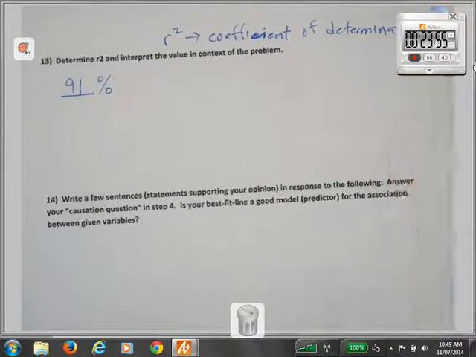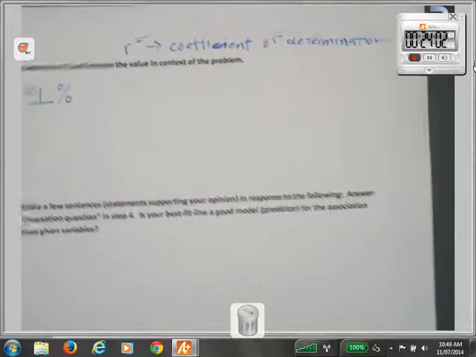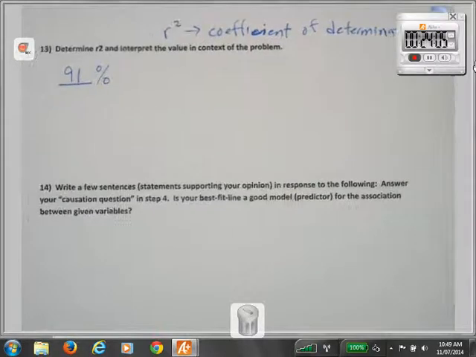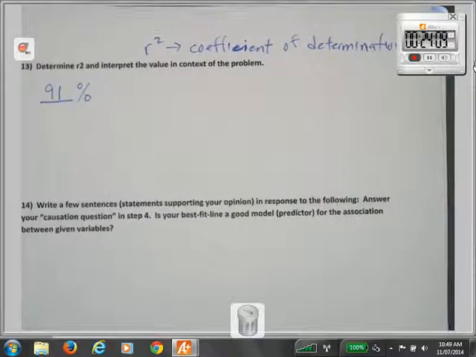Sounds very philosophical, doesn't it? Sounds important. That's what they call it. So our coefficient of determination is 0.91 or 91%.